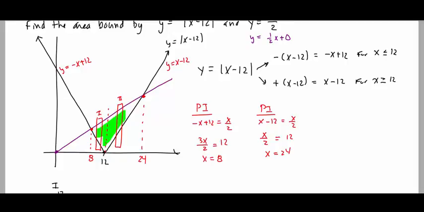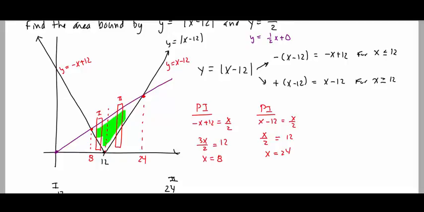Now my second region goes from 12 to 24. Again, this is region 2. My upper curve is still the x over 2, but the lower curve is now the positive sloping component of the absolute value function, so that would be minus the quantity x minus 12 dx. So that would be what my setup looks like.